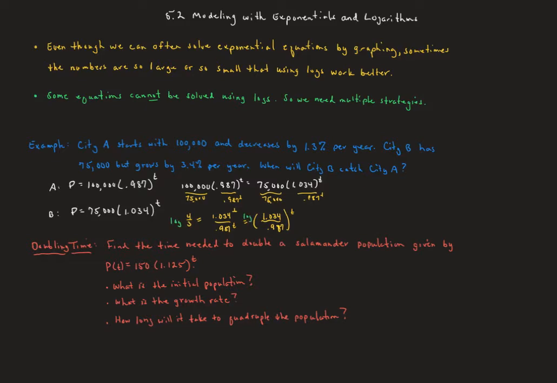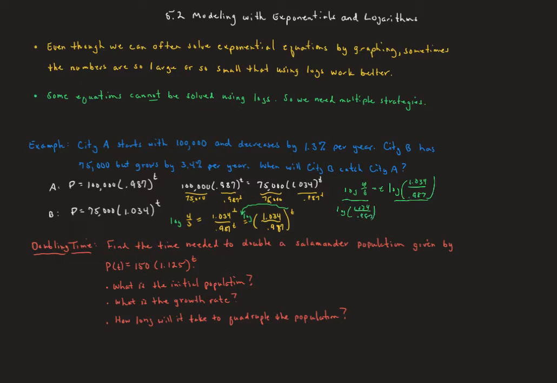That becomes the log of 4/3 is equal to, and then we'll use our properties of logarithms to bring that exponent out in front, t times the log of 1.034 over 0.987. Messy as that is, that's just a number times t.